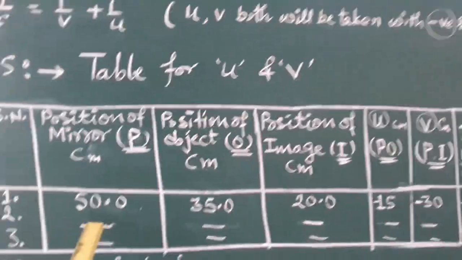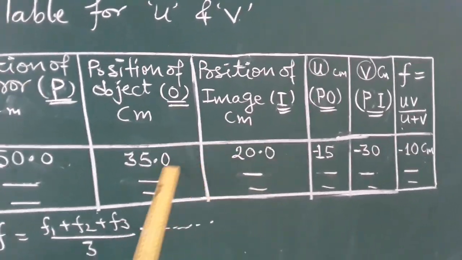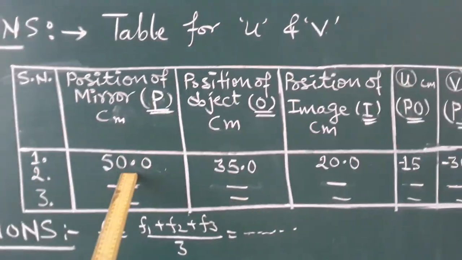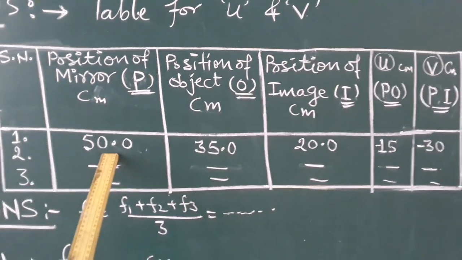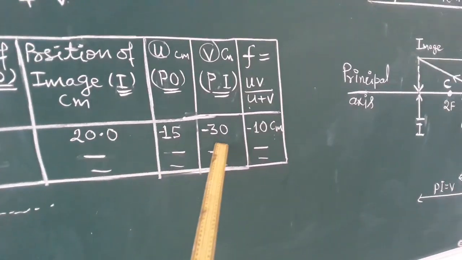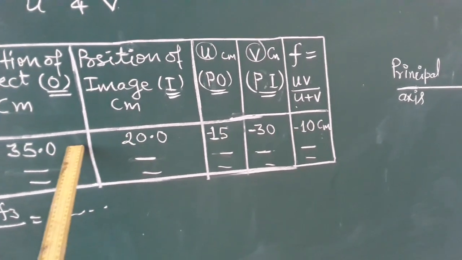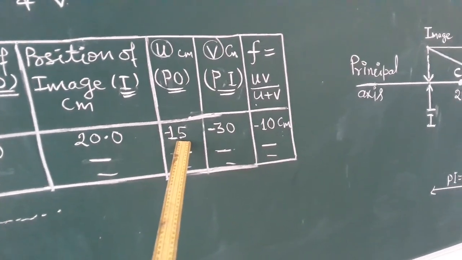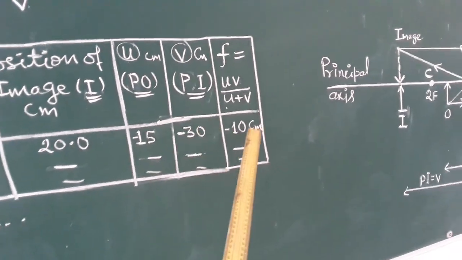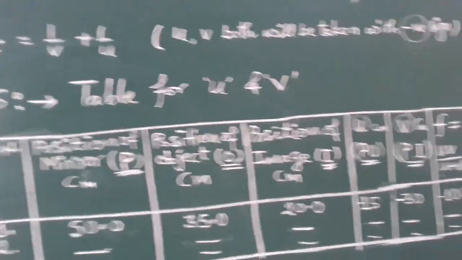Position of image, this is position of object and position of mirror, and the distance between P and I is v, the distance between mirror and object is u here, and with the help of these we can calculate easily. By using this formula we can calculate the focal length.